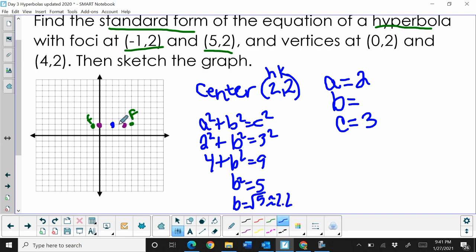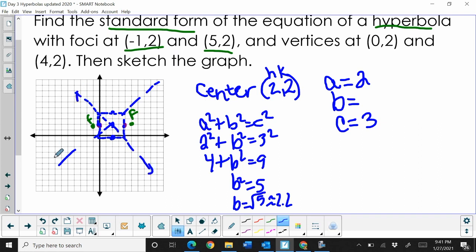And b would be the square root of 5, which is a little bit bigger than 2. It's around 2.2. So from the center, I'm going to go up 2 and a little bit, go down 2 and a little bit, and I can draw my box from my vertices, co-vertices, vertices, co-vertices. And there's my box. Draw in the asymptotes.